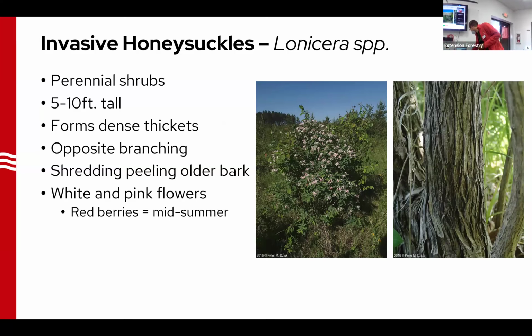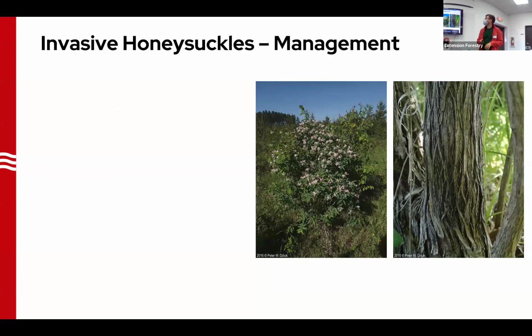I can't really see the picture here, so I'll just move it. We can see that shreddy, peeling older bark structure. And we can look for white and pink flowers, and red-orange berries that appear in midsummer and stay on for longer periods of time. There are multiple species of these invasive bush honeysuckles, but these are quick key identifying characteristics of those plants.